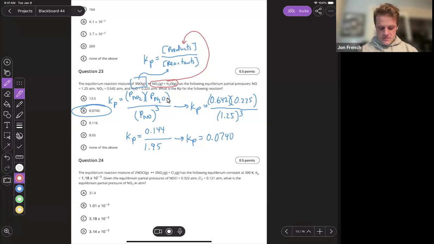We start with the nitrogen monoxide, we end with nitrogen dioxide and nitrous oxide.